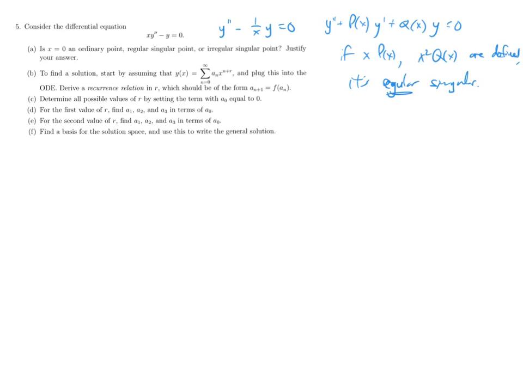And so to find a solution, assume that this is your y. So let's do two derivatives of this. y double prime equals the sum over n of (n plus r)(n plus r minus 1) a_n x to the n plus r minus 2. Here I'm going to keep the indices because you've got to be careful with this.